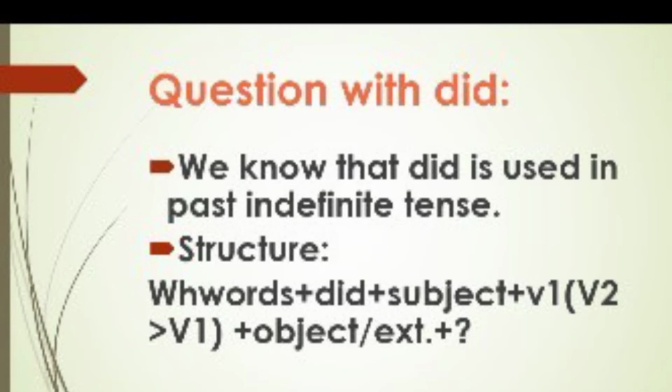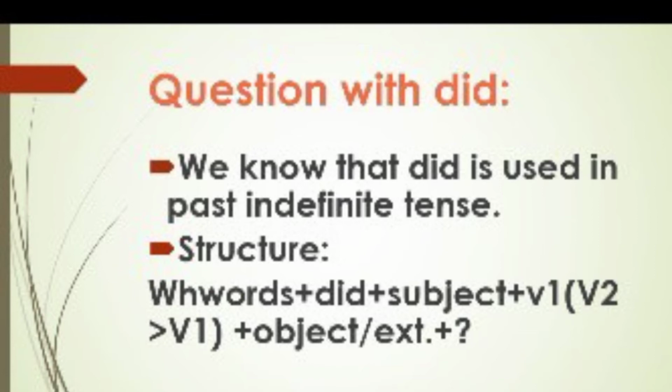Question with did. We know that did is used in past indefinite tense. Let's see what the structure will be. At first you have to write down the WH word by following the underlined word. Then you have to write did. Then you have to write the subject. Then verb 1.